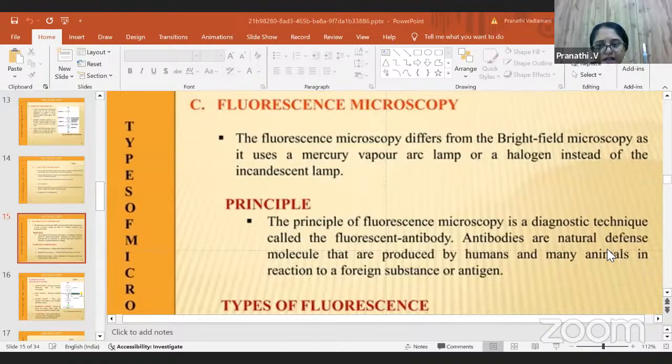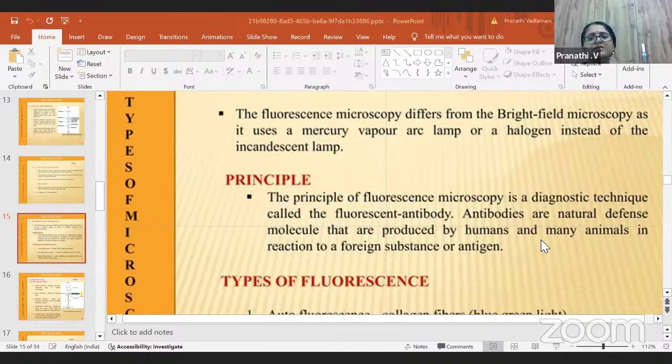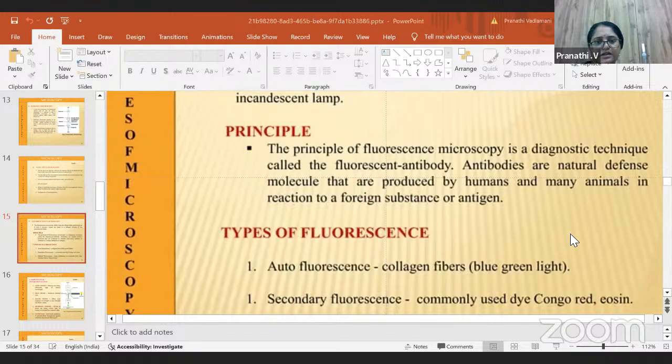You have a fluorescent antibody. We know that our defense system has antibodies. All these antibodies are your natural defense molecules. They're produced by the immunoglobulins, for example, in many animals, and they identify and destroy the antigens that are present.